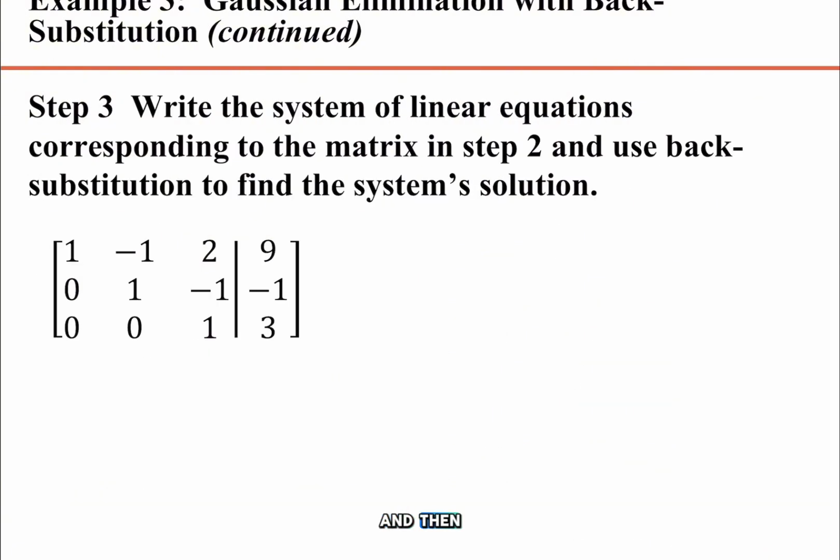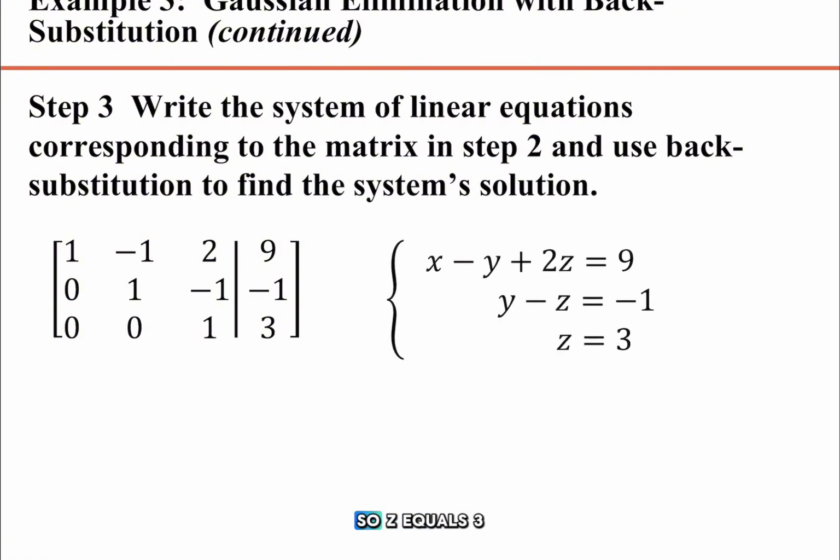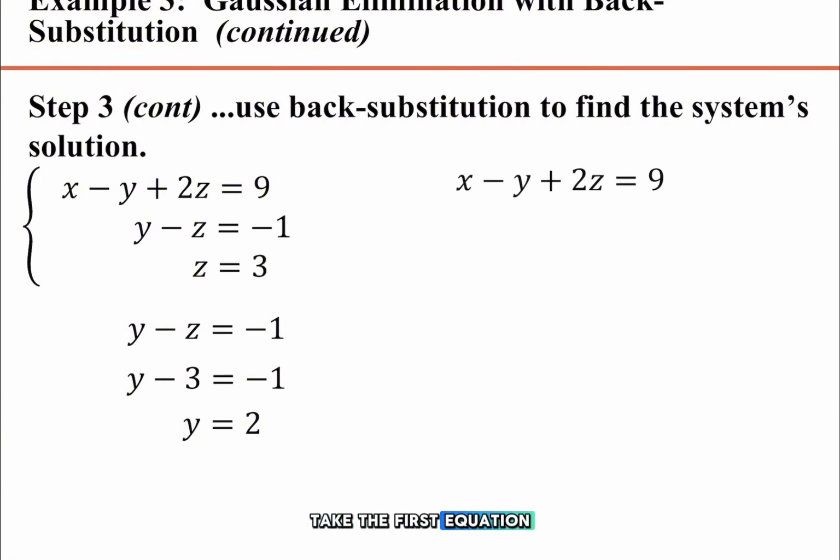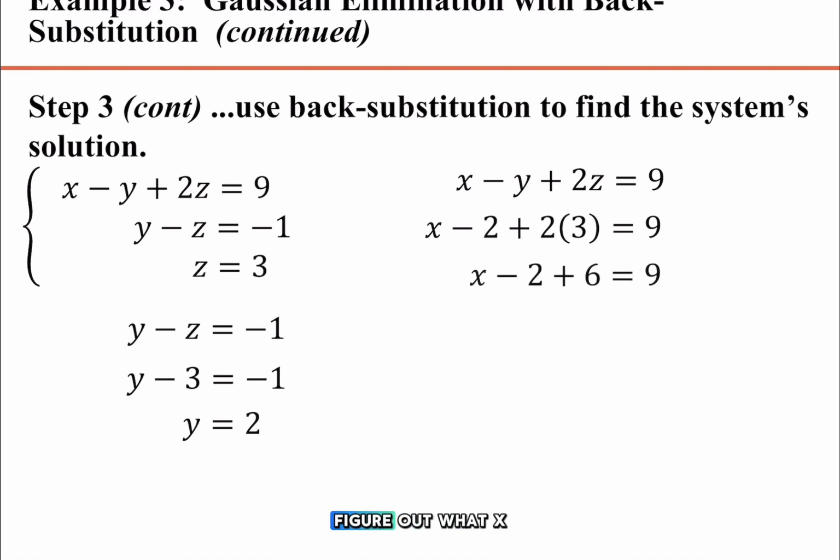And then you can solve. It's like you have one variable that you know to be true, and that's z. So z equals 3. So you can substitute z in for the second equation, and then you solve for y. And then you can take the first equation, plug in z and y, and you can figure out what x is.